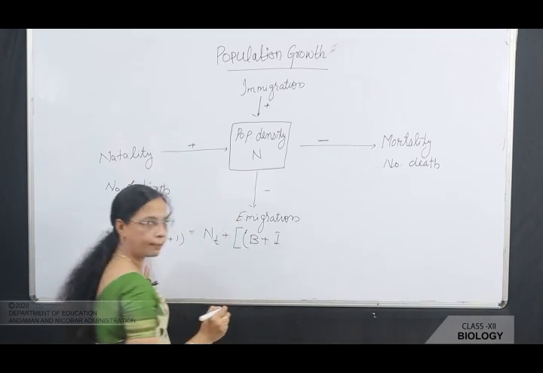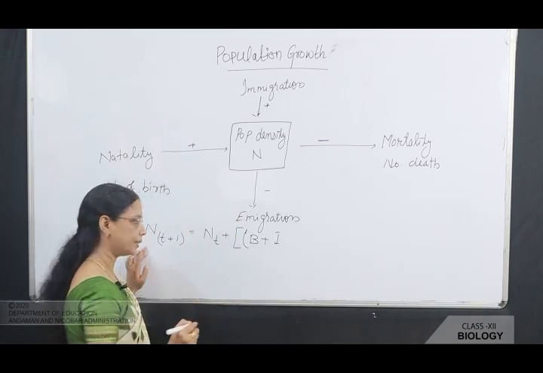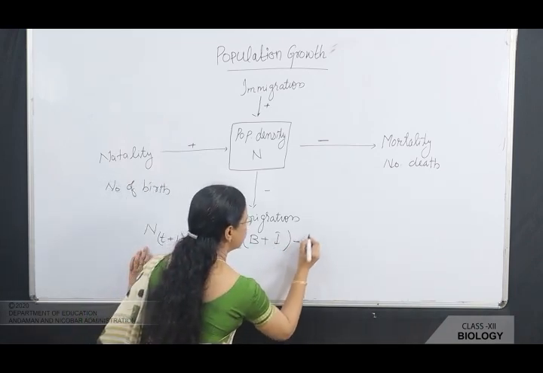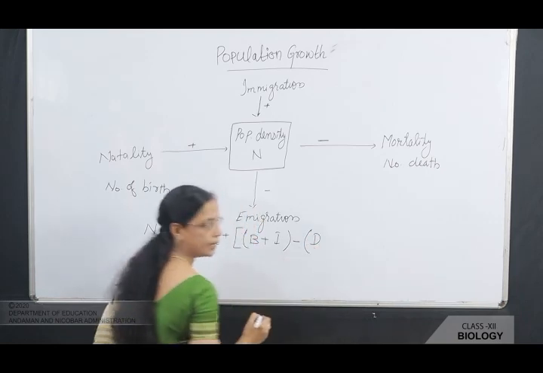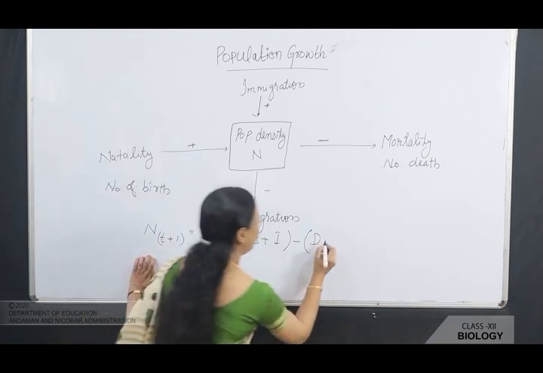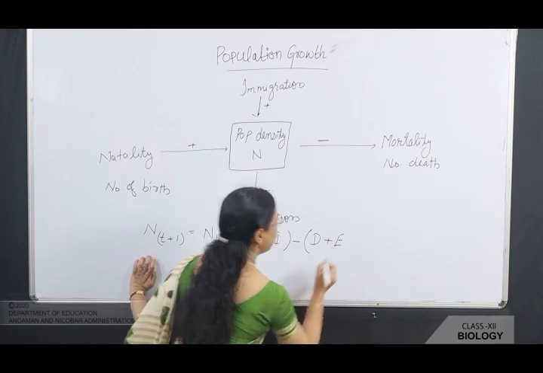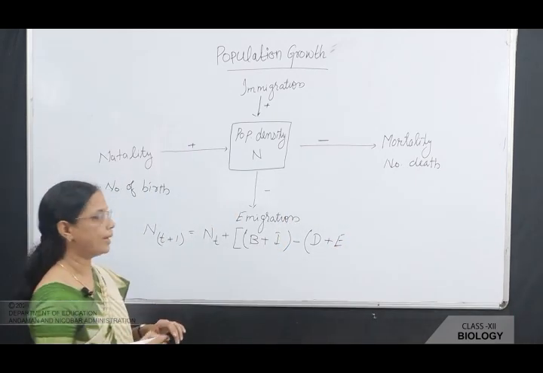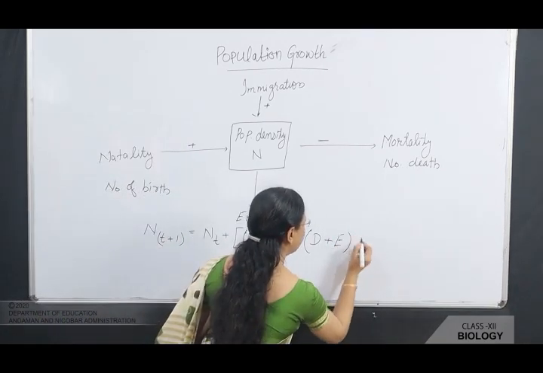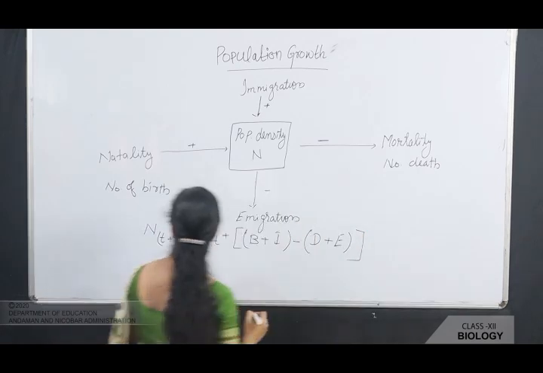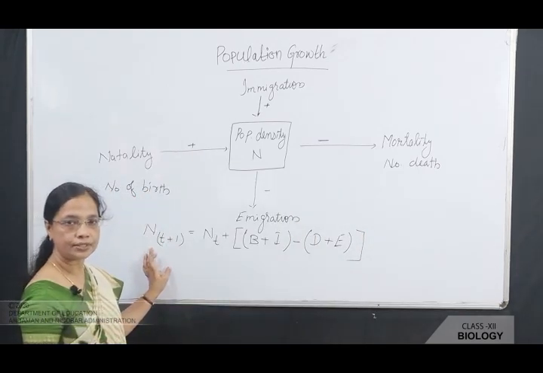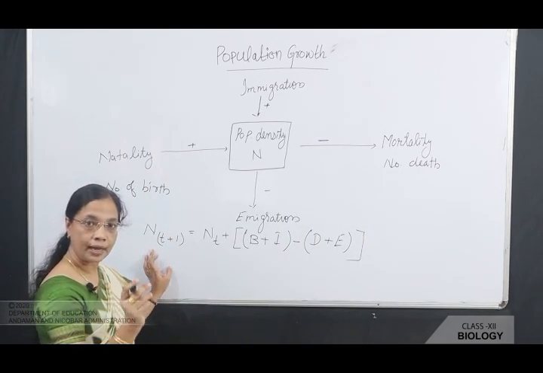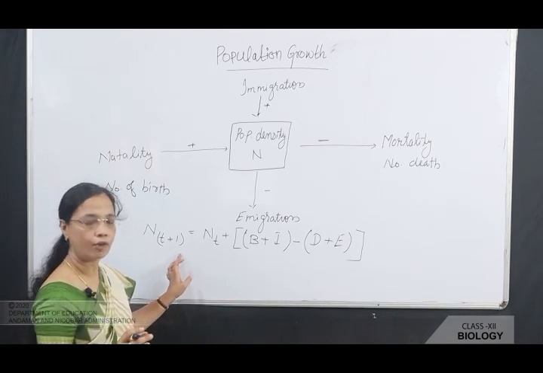What is capital I? That is immigration. D is the death rate. E is the emigration. So that forms the population density of a particular area at time t plus 1.